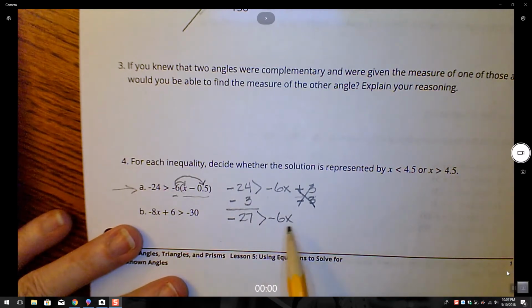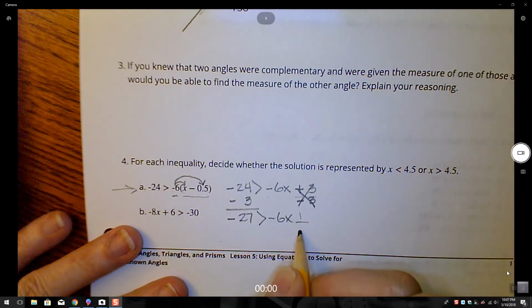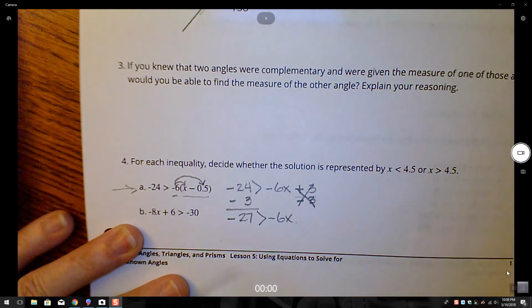Now we're solving for x, we want it to be by itself. We do not want that negative 6 to be there, so what are we going to do? We're going to multiply by the multiplicative inverse, which would be 1 over negative 6, or Sophia finds that to be a clunky approach, so I'm going to do it her way. We're just going to divide by negative 6. Because we did it on this side, of course we have to do it on this side too.